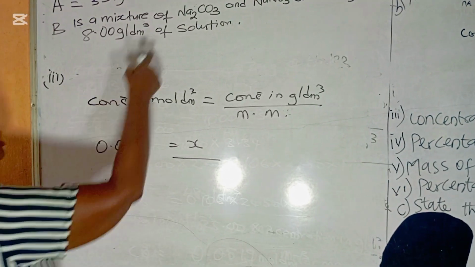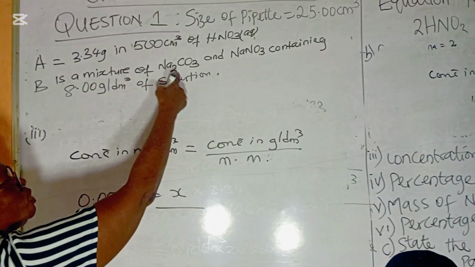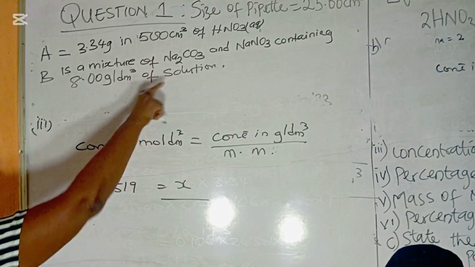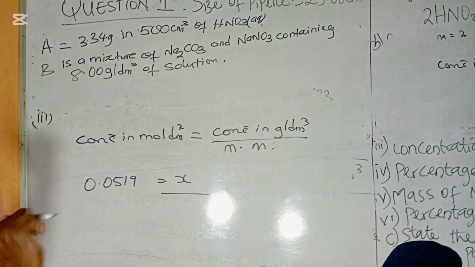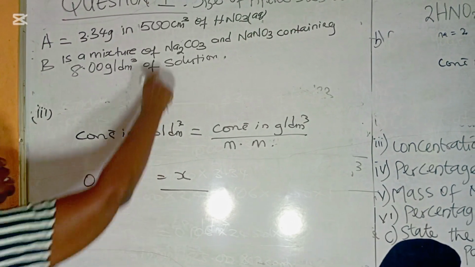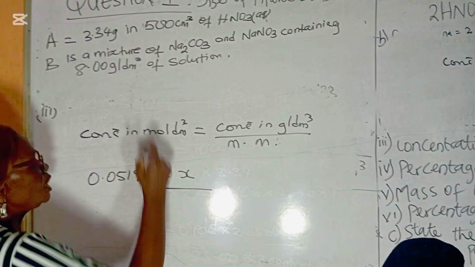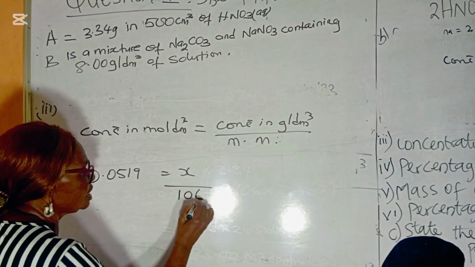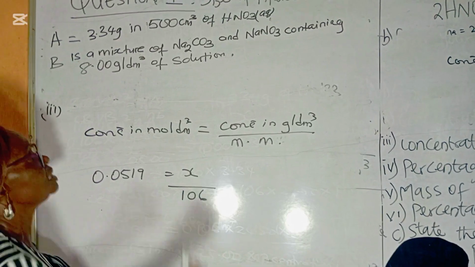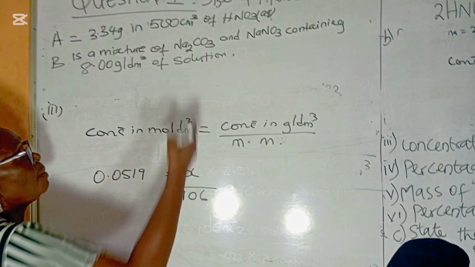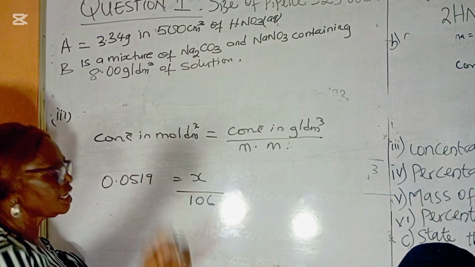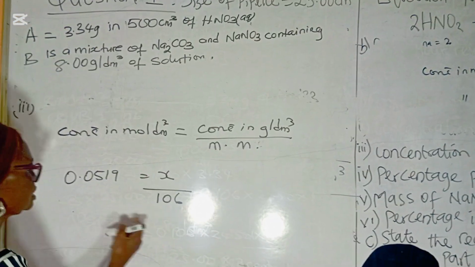And the base is the sodium trioxocarbonate IV. That was exactly what took part in the reaction. The other one did not take part in the reaction. So this is the base that you know, and the molar mass is 106. How did I get 106? 2 times 23, which is 46, plus 12 plus 48. That will give you 106.